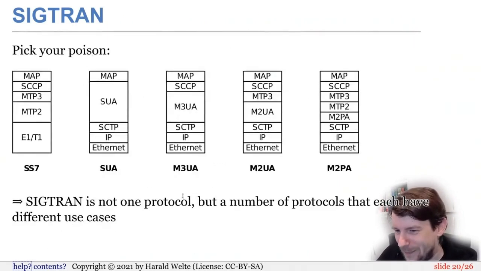Okay, now getting back to that, so we have the application on top. Here it's MAP with TCAP built in this diagram, then SCCP and so on, and that's the circuit switched. And now we have all these new versions over IP that all differ in at which level we adapt, like how many layers do we take from the classic SS7 protocol stack and how many layers do we bring in from the bottom.